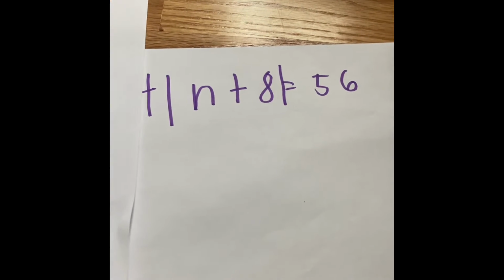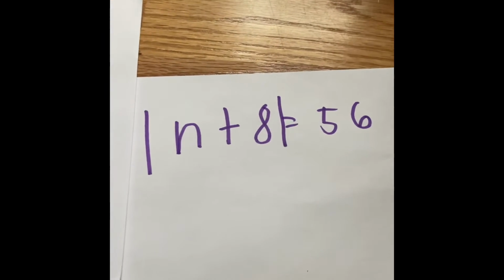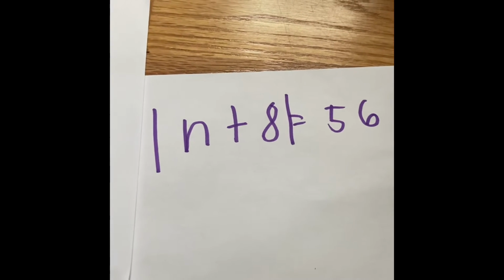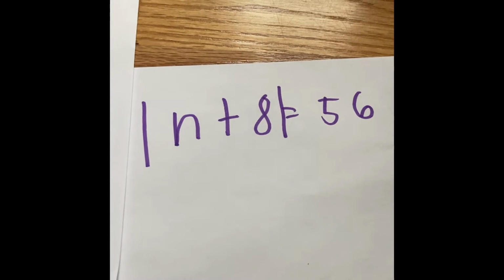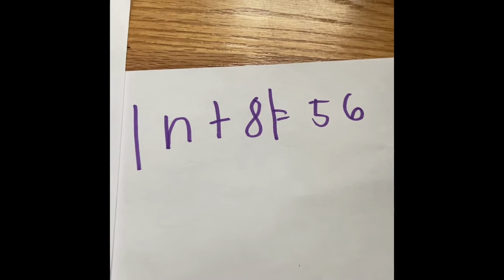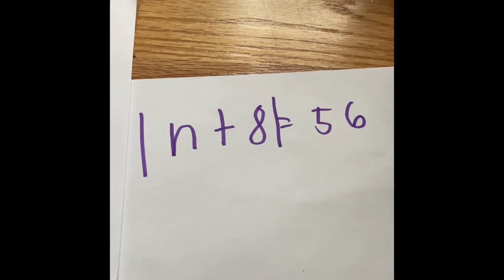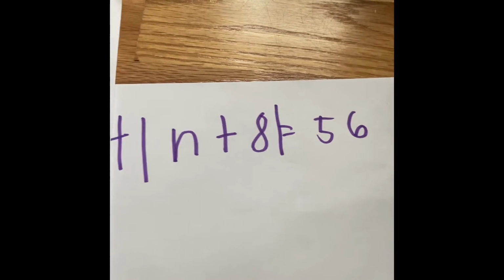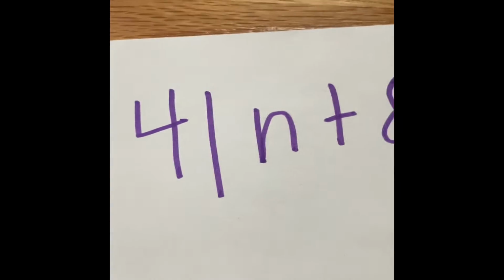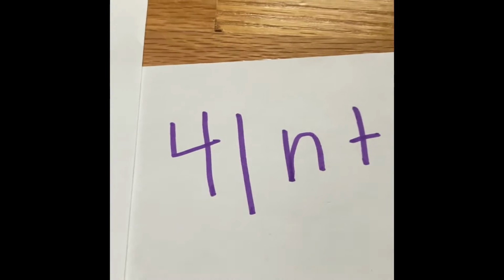Unlike the problems we solved in the previous video, the only difference about this kind of problem is that there's a number 4 right next to one of the absolute value bars.